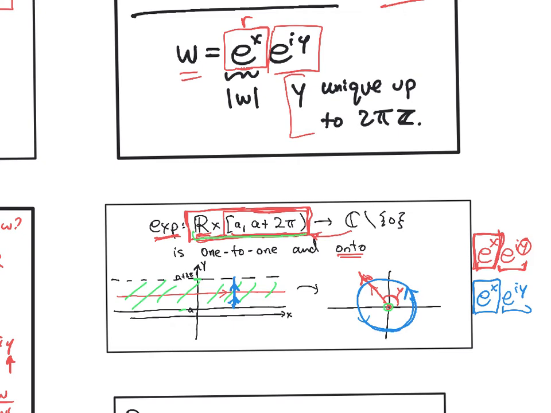And then if you extended this and looked at the exponential map on the entire plane, you'd see that it maps each one of these strips in the same way. So each strip gets mapped in the same way onto this picture. And that is another way of seeing that the exponential map on all of C is infinite to 1.